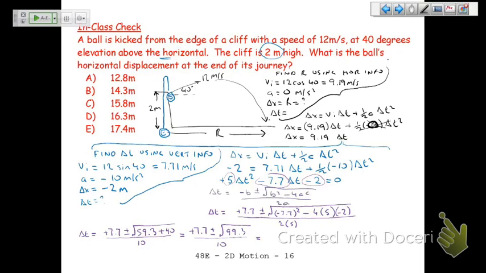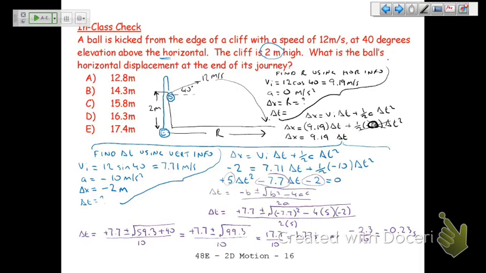The square root of 100 is 10, so I'm going to call it 10. So that would be 17.7 over 10, which equals 1.77 seconds, or it's going to equal minus 2.3 over 10, which is minus 0.23 seconds. Those are my two roots.